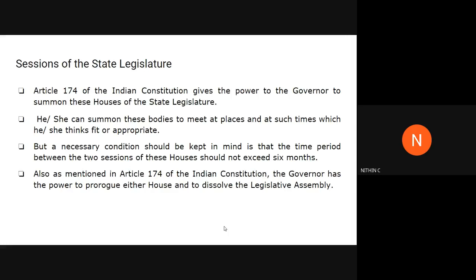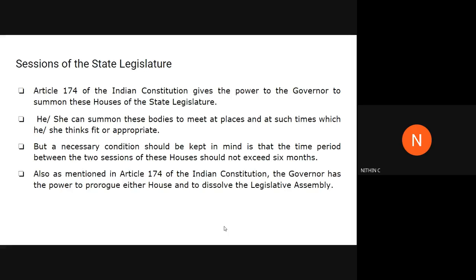He or she can summon these bodies to meet at such places and at such times as he or she thinks fit or appropriate. But a necessary condition to keep in mind is that the time period between two sessions of these houses should not exceed 6 months.